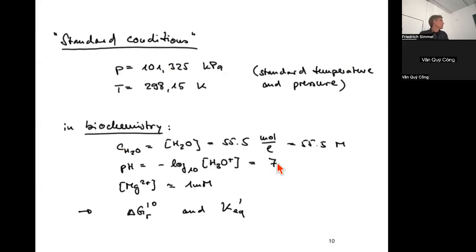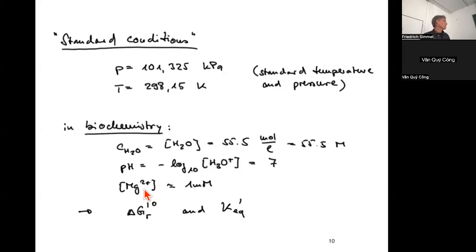And that is actually specified because if you had, let's say, standard concentration like 1 molar, you would have a pH of 0, of course, and that would not be very biological.